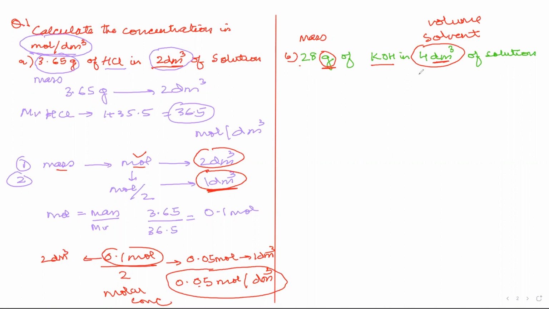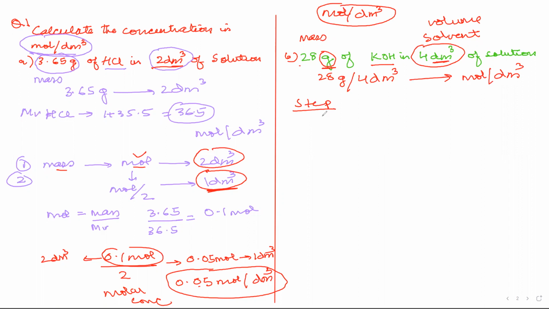So we need to calculate the question itself. It's a part of the B part of question number 1. You need to find out the molar concentration, mole per dm cube, of KOH. So that's 28 grams in 4 dm cube, and we have to convert this into mole per dm cube. So we will be following the same steps. Let me tell you the steps.